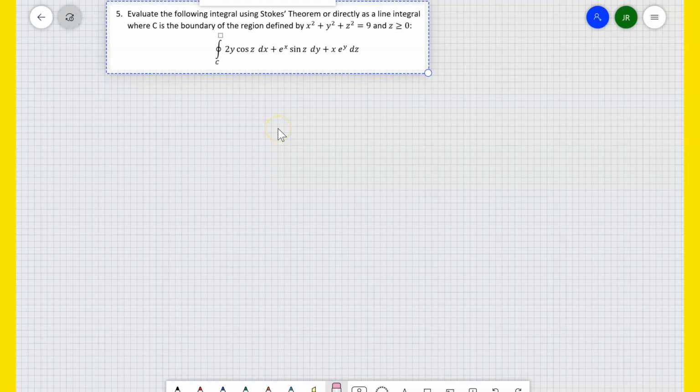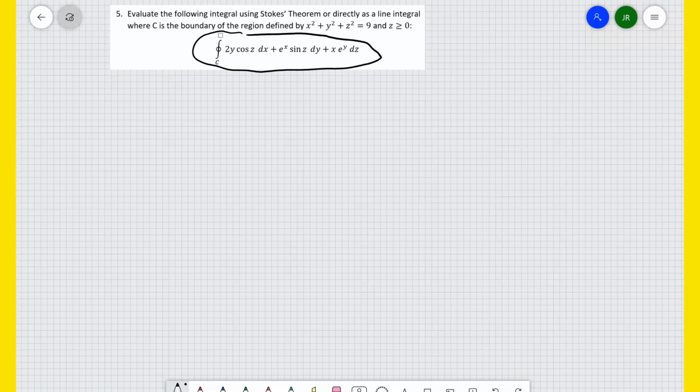All right, now let's look at number 5 about Stokes' theorem. This is a pretty complicated, tough concept. But here is an explanation. This thing right here can fit into Stokes' theorem this way.